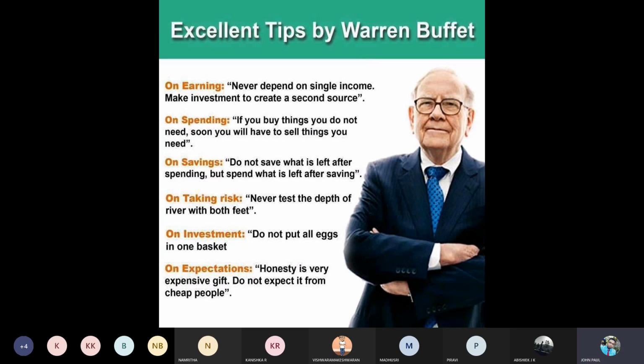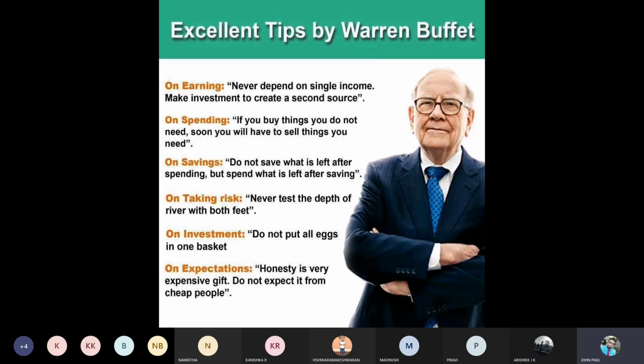If we depend on one income and lose that job, we will be in a very big struggle. So as per Warren Buffett's quote, never depend upon any single income. That's why Warren Buffett has huge shareholdings in various companies.